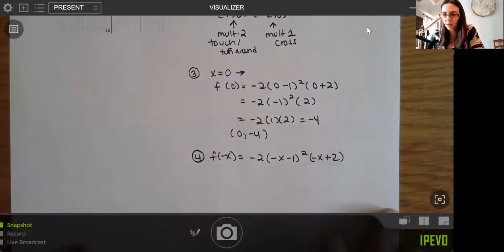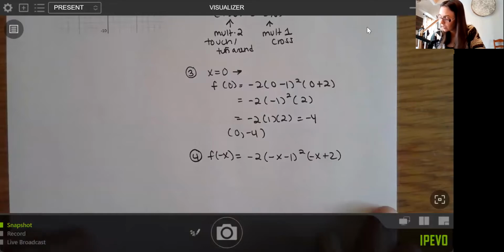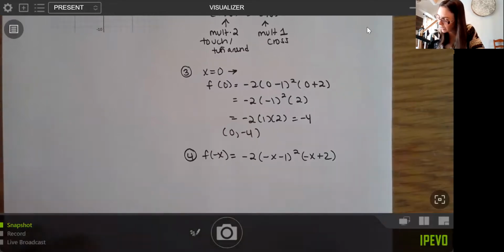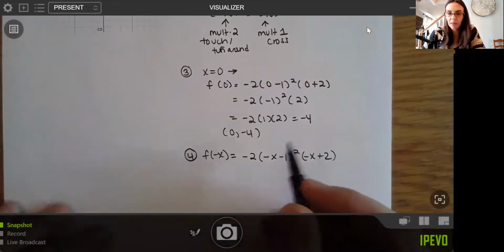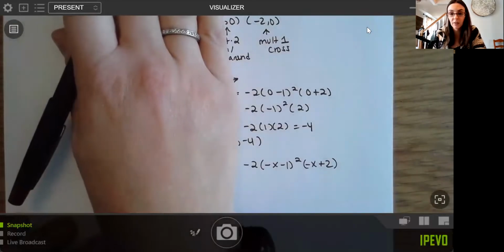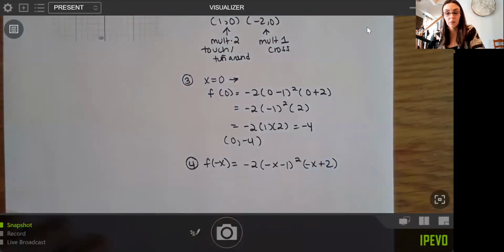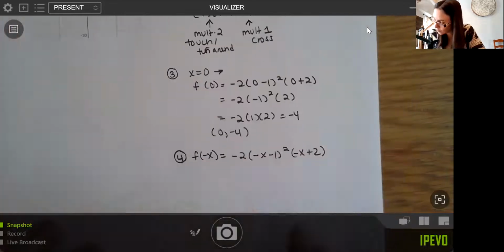But it doesn't look like it's going to work very well for us here. So what you could do is multiply everything out and see what happens. And same thing for the original, maybe multiply everything out and see if you're getting the original function or something different back out. If we do that, let me do this one quick here.